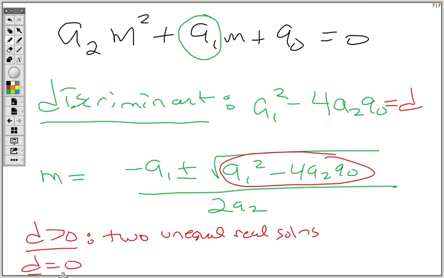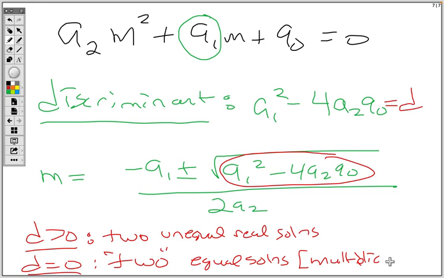If D equals 0, we get 2, and I'll put that in quotes, we get 2 equal solutions. This is the concept of multiplicity. You might or might not remember that. So we get a repeated real solution.